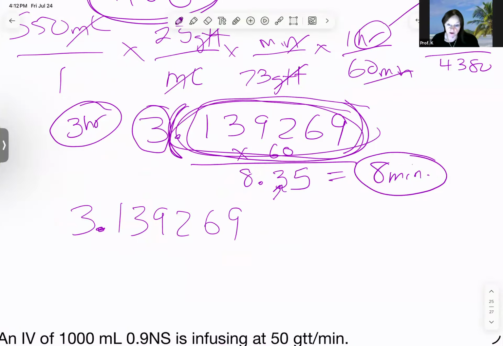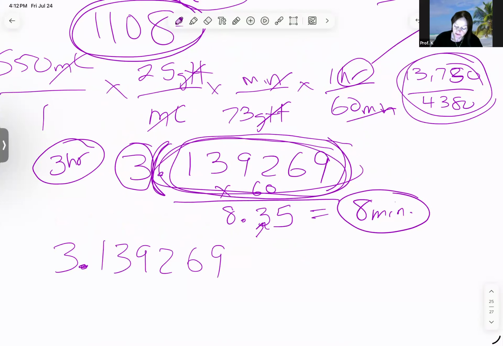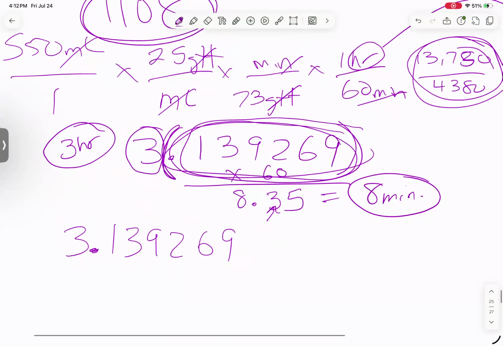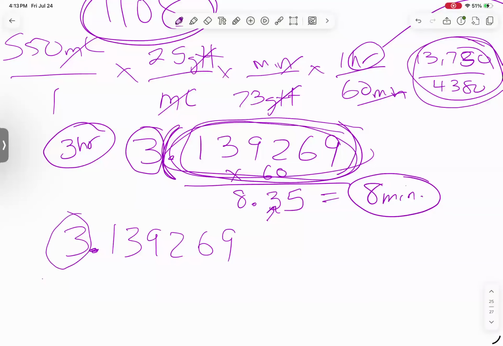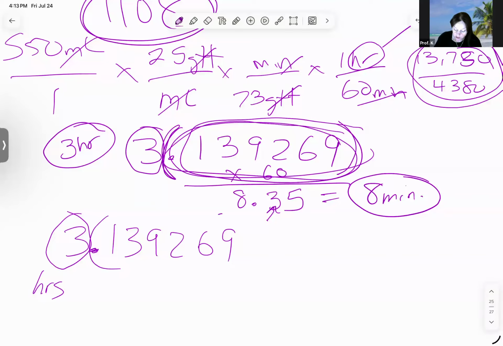It's 3.139269, right? When you did your division right here, if you divided 4,380 into 13,750, it will give you 3.139269 on your calculator. You need to know that any number before the decimal is always hours. Anything after the decimal represents minutes, but we have to use that decimal.